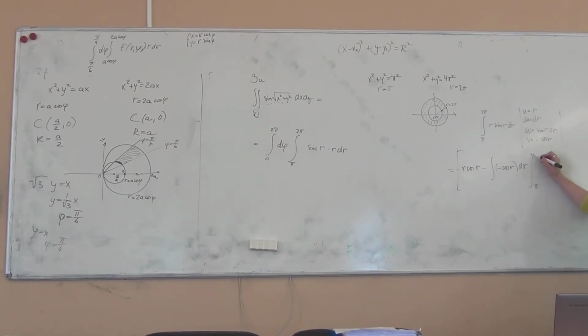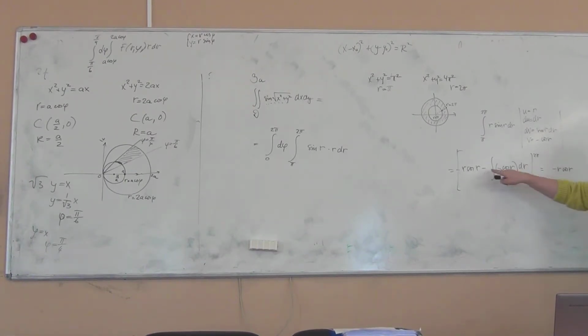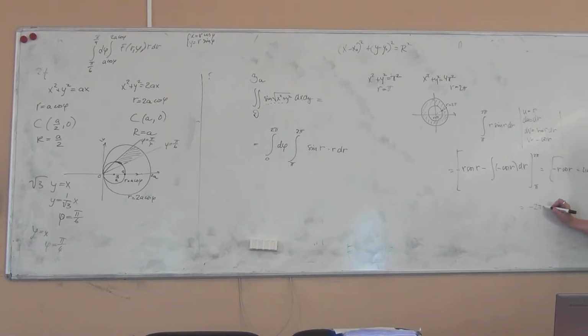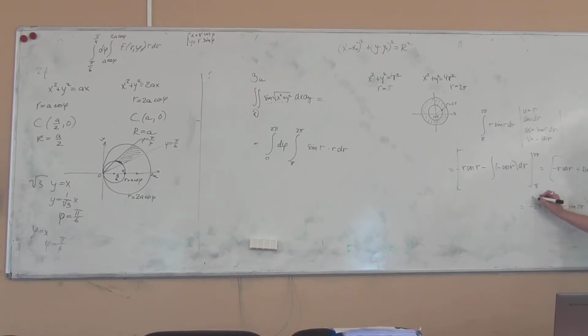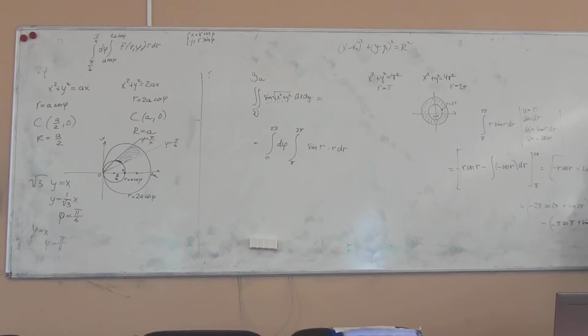I will write it like this, so that I don't have to write it too many times. So it's minus r cosine r, minus will make a plus, and integrating cosine we get sine, plus sine r, from pi to 2 pi. Now let's see. Minus 2 pi cosine 2 pi plus sine 2 pi, minus, now let's put this in, minus pi cosine pi plus sine pi.